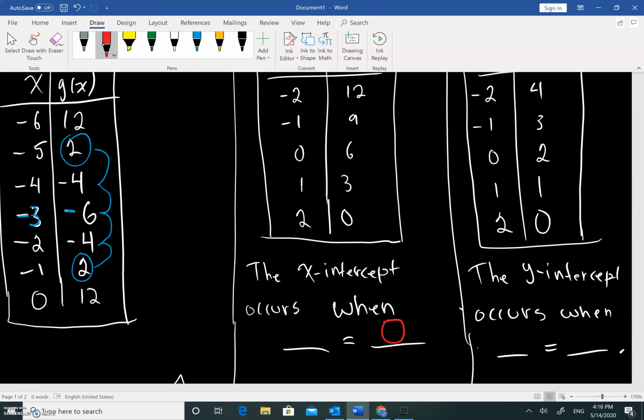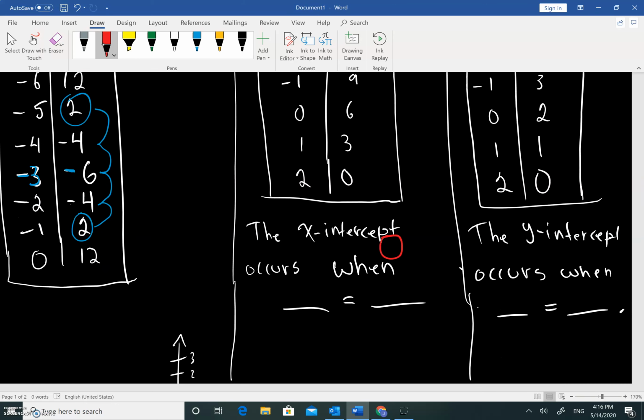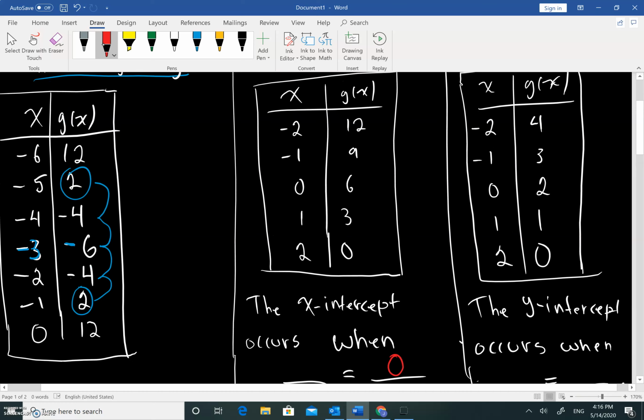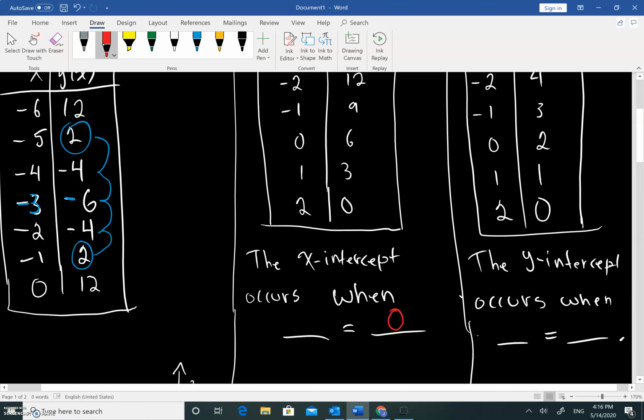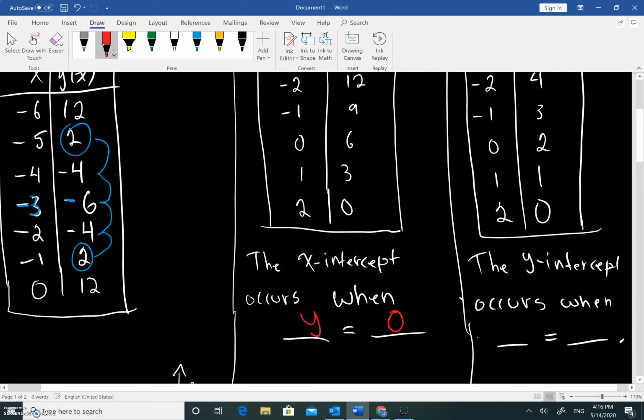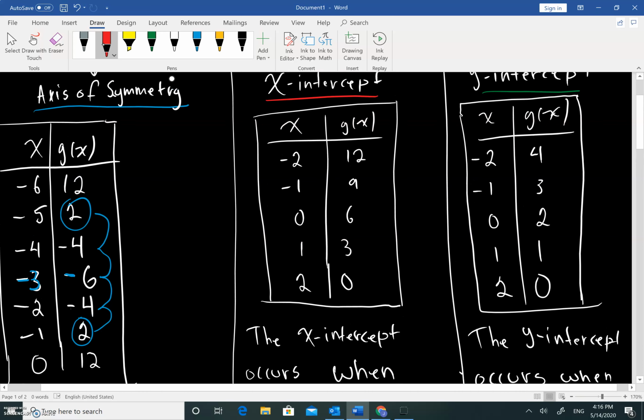So what needs to be equal to 0 in order for us to have an x-intercept? So remember, it's always the opposite. So if I'm having the x-intercept, then my y has to be equal to 0. So in other words, the right-hand side has to be equal to 0. So in this case, this is my 0. So therefore, my x-intercept is going to be 2.